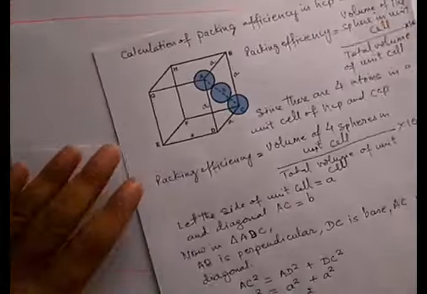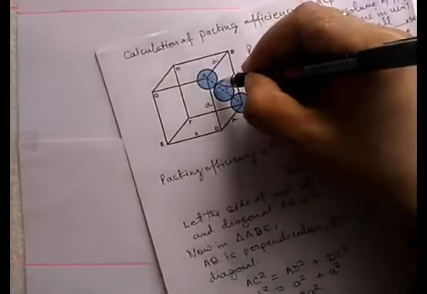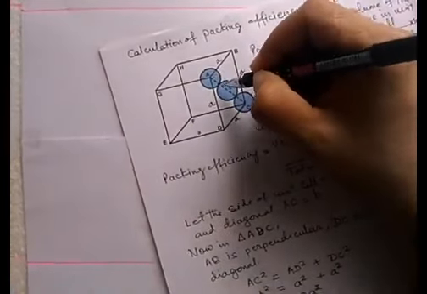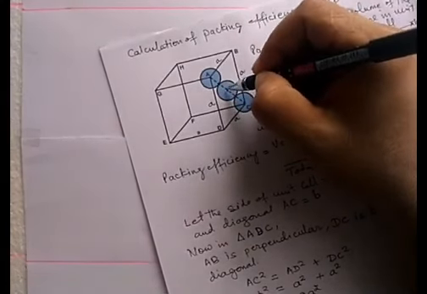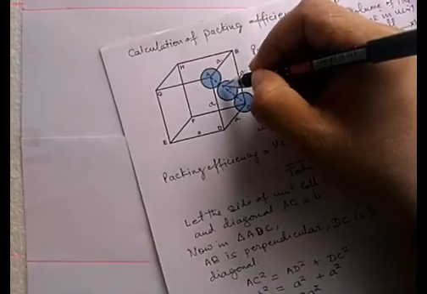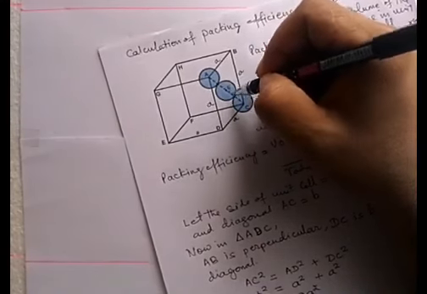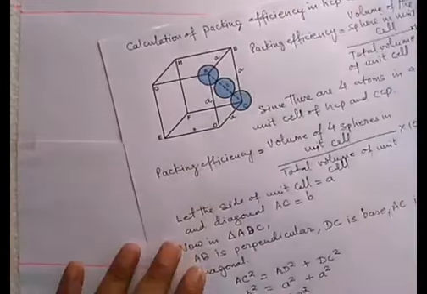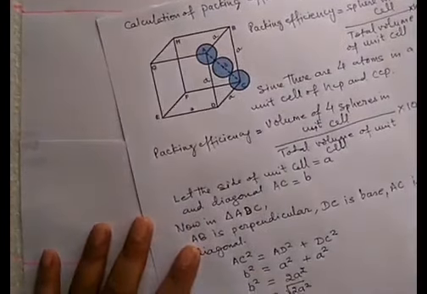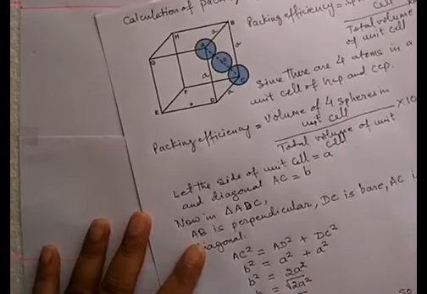How? If this is r, the radius of this sphere, another sphere has this diameter, which can be written as 2r, and this is r. So r plus r plus r plus r will be equal to 4r.